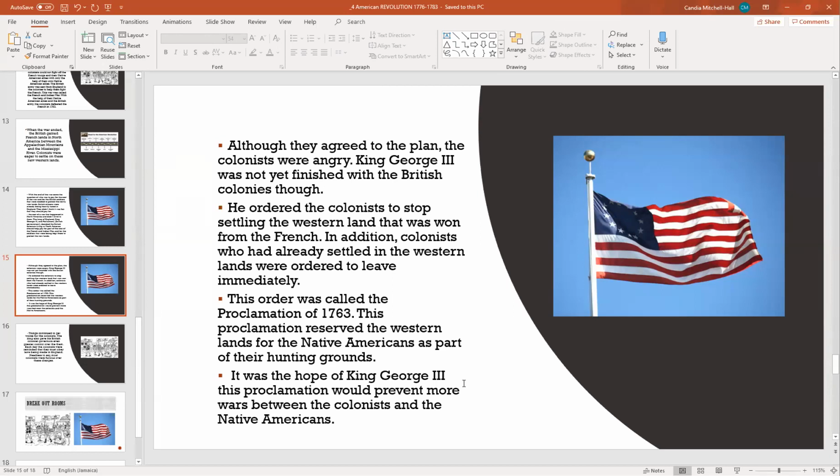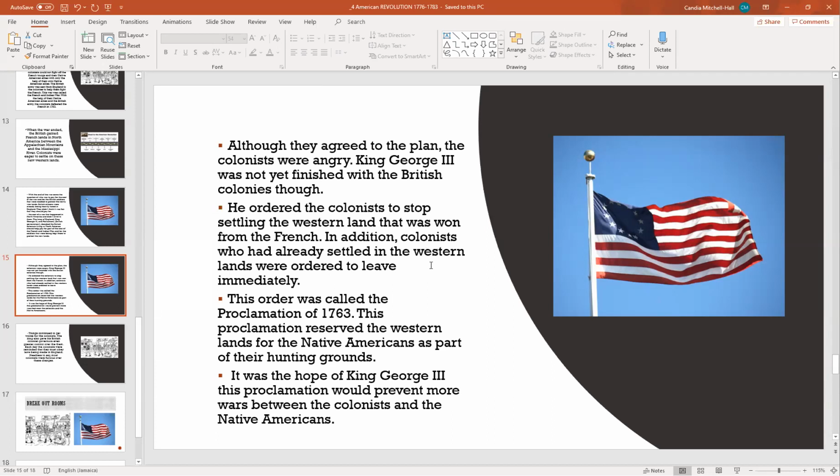And then the king came and made a proclamation and said, listen, you colonies don't want to pay for the war, but yes, they want to go and settle on the Western land. Come off the land. So he ordered them to leave immediately. But the land never belonged to him.